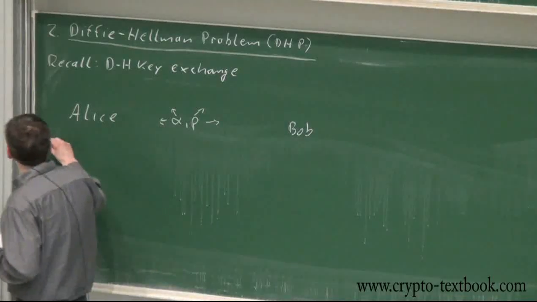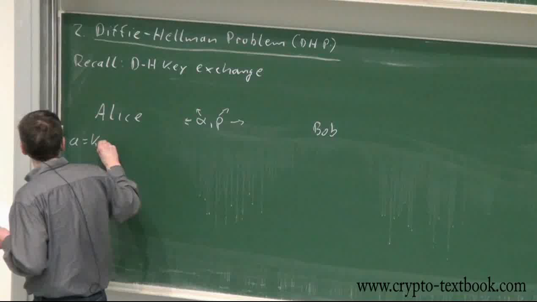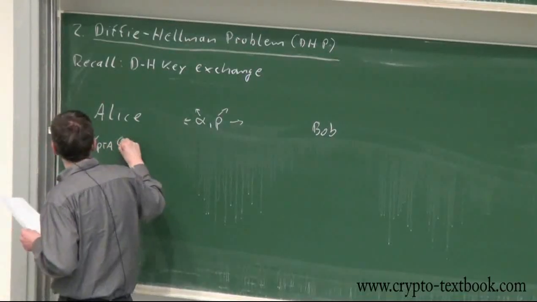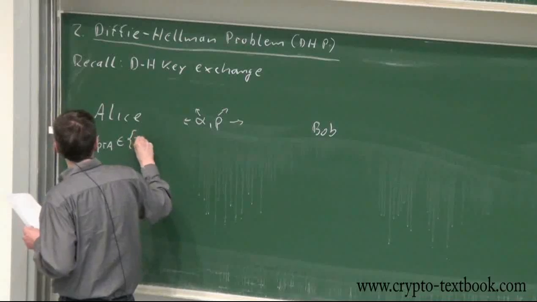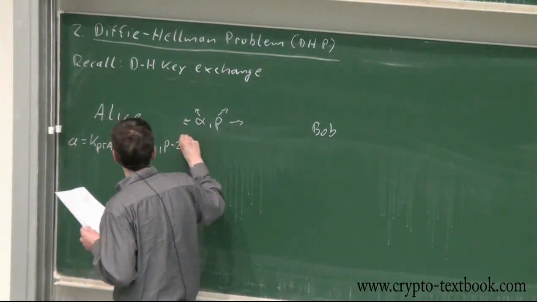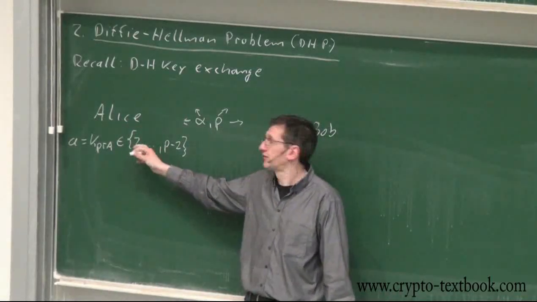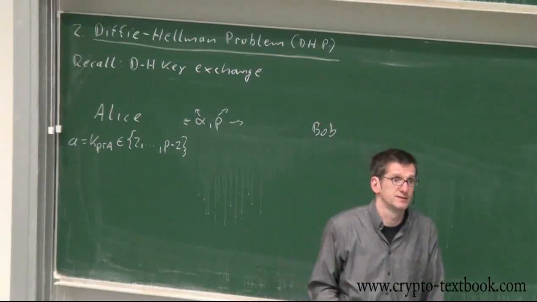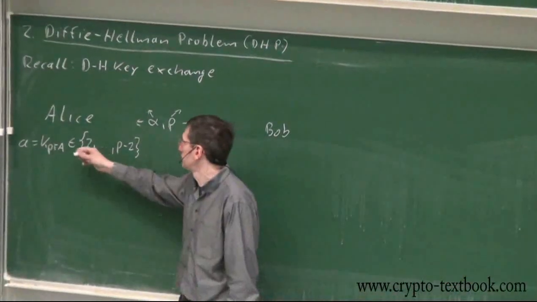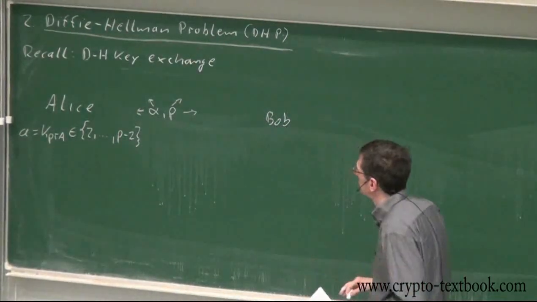Alice picks her private key, which we call lowercase a, randomly picked from the set 2, 3, 4, and so on, up to p minus 2. You can actually include 1 and p minus 1, but in practice they are kicked out, so we kick them out here too.